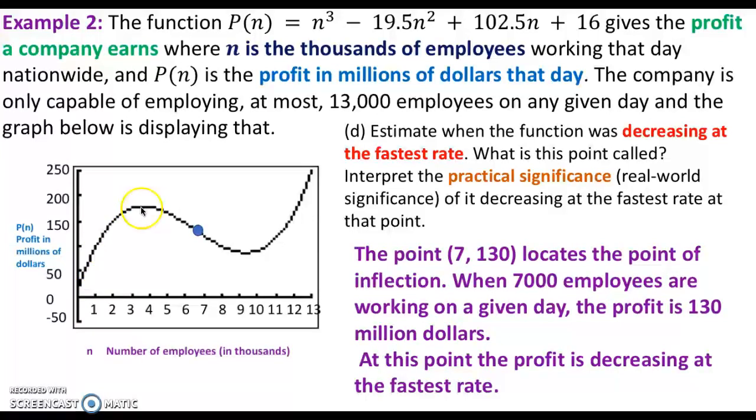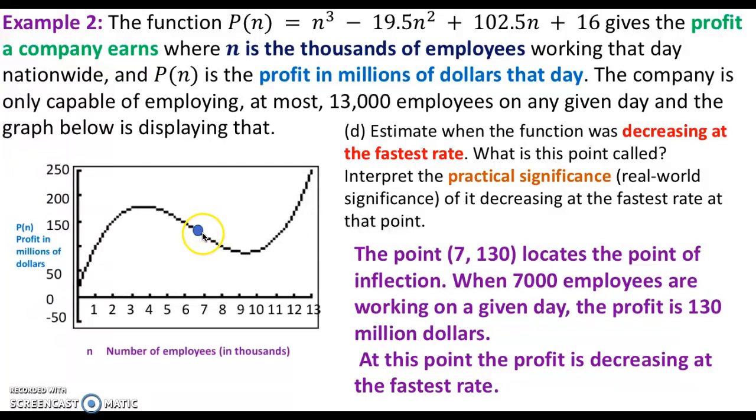So it's increasing at a slower and slower rate until it reaches its maximum value. Then it starts decreasing, and it's decreasing more until we get to that point of inflection, the fastest rate of decrease.